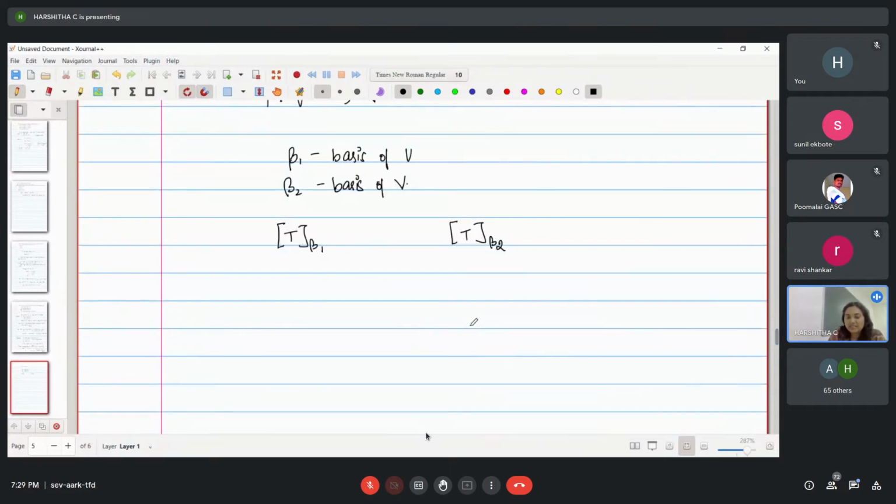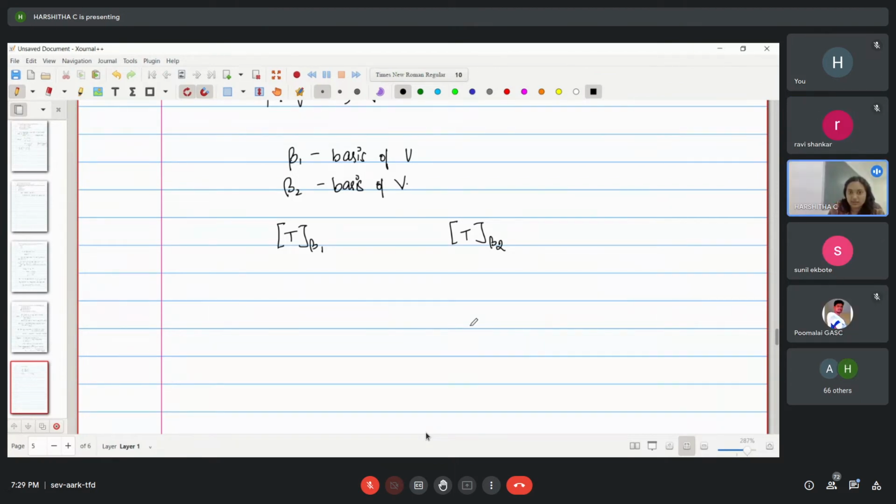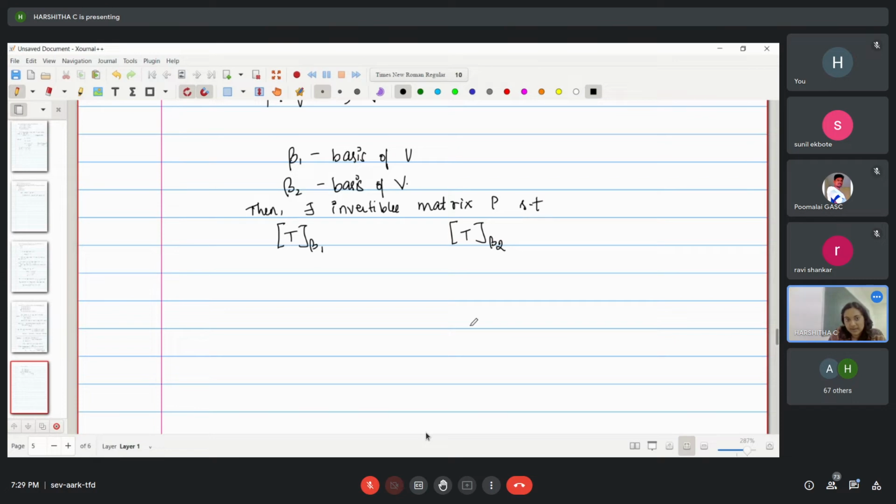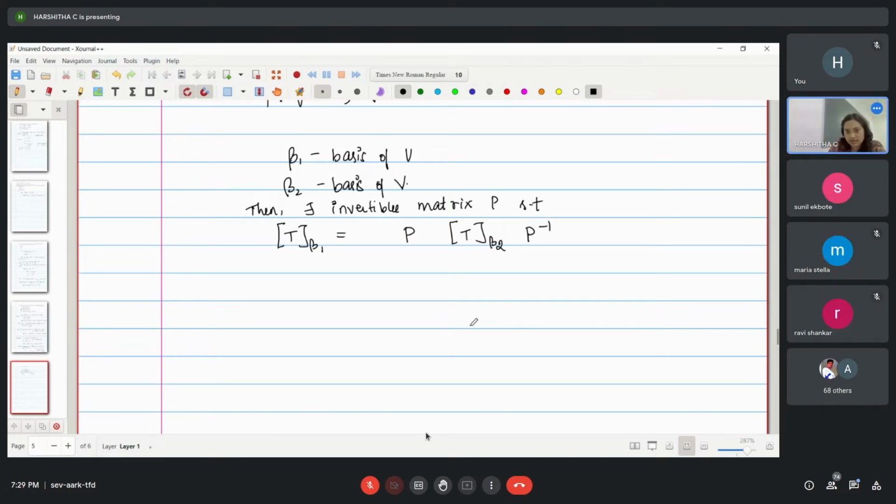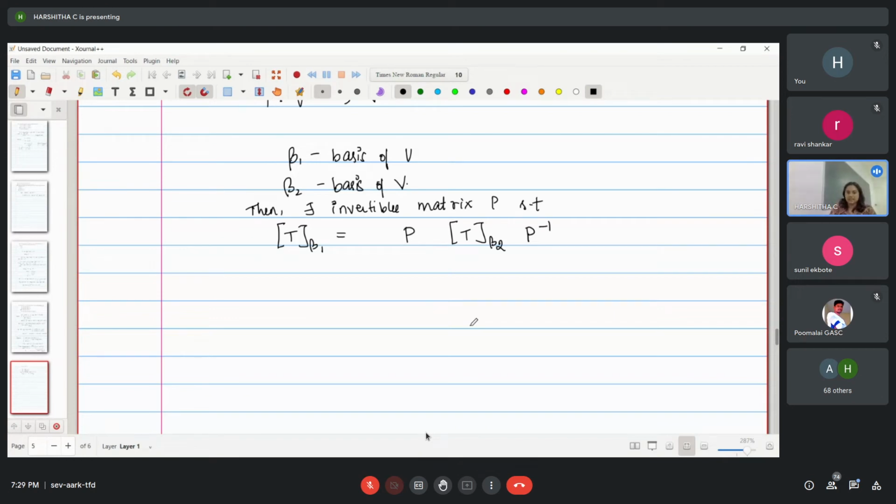How will these two matrices be related? They will actually be related by similarity, which means there will exist an invertible matrix P such that one is similar to the other via this matrix.